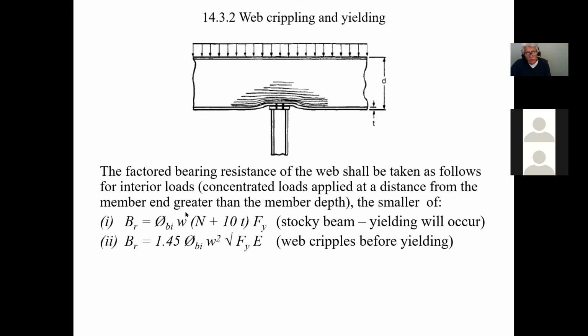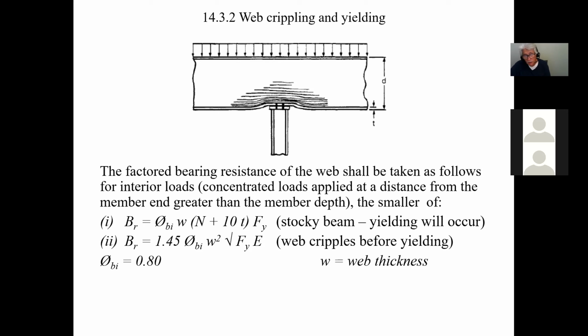Now, these are reduction factors, okay? BI, you get this straight out of the handbook, and I'll give you the value. W, of course, you know what W is. W always represents the thickness of the web, okay? And BI in this case is 0.8, not 0.9.